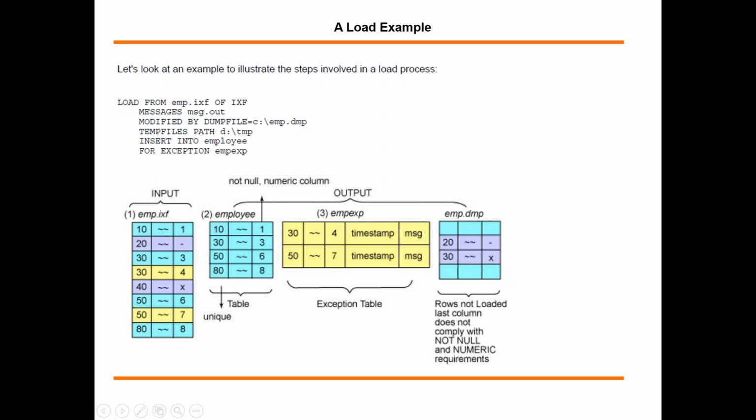When I say table definition, if you look at the employee table, the definition is this is a unique column and the last column must be non-null and numeric. The employee table only accepts a numeric column here, which should be not null.